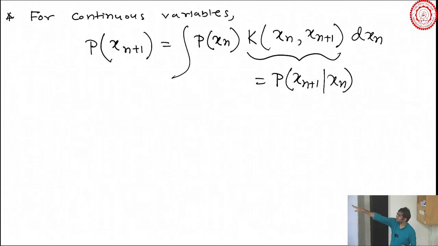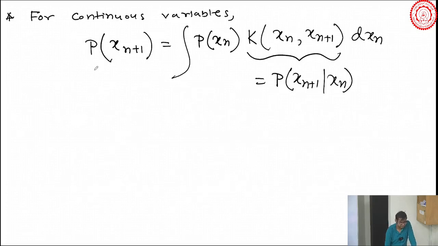And now if P(xn) is equal to P(xn+1), then K is a transition kernel that is pi invariant. If for a given K, P(xn) is equal to P(xn+1) is equal to P(xn+2) and so on and so forth, then K satisfies the pi invariant condition. Correct?